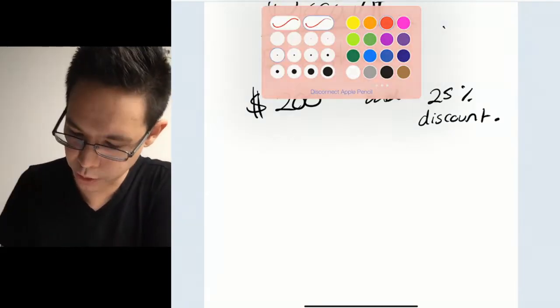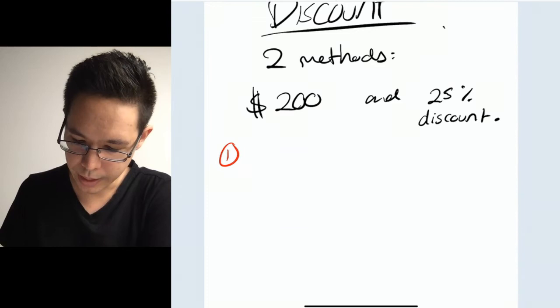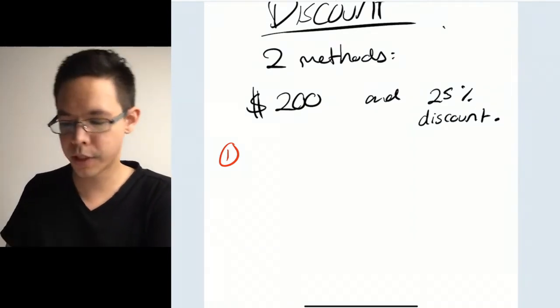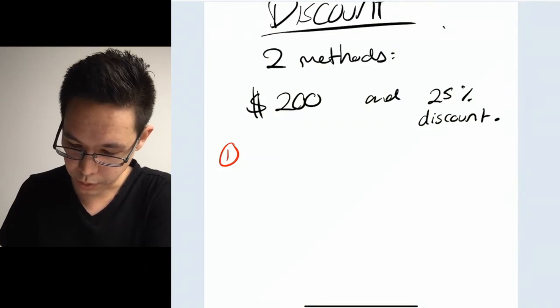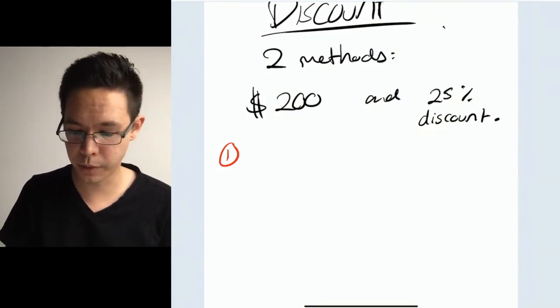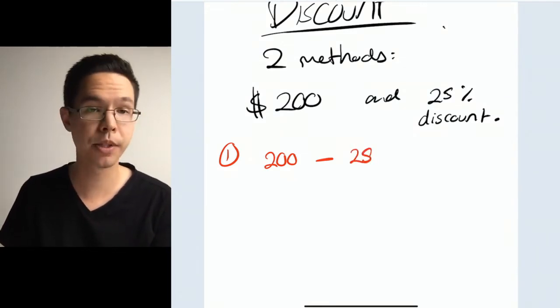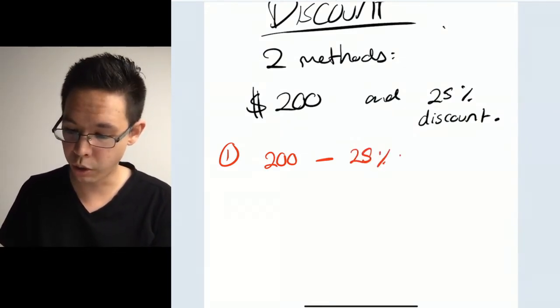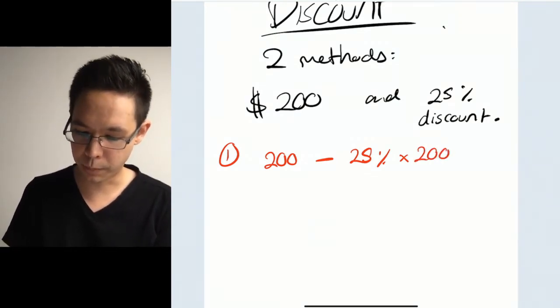I'm going to do the first one in red. First option is that you can take 25% discount of 200. So I'm taking away cost from the 200. So it's going to be the 200 cost, remove the 25%. 25% of is multiply by the original item, right?